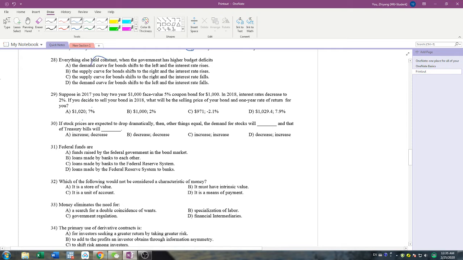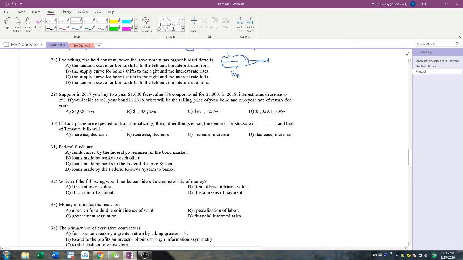So I explained this in the lab. What is budget deficit? Basically, that will be the difference between government expense and their tax revenue, right?